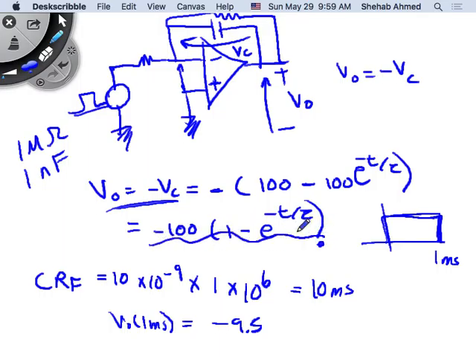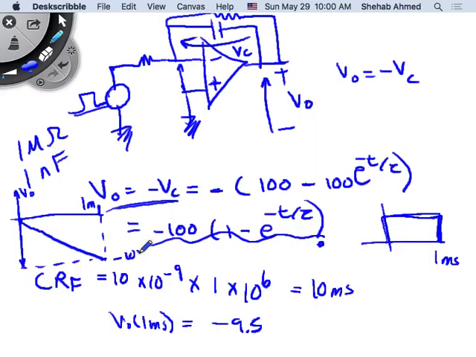The objective is to draw. Initially, we drew the output voltage without the resistor in the feedback. At 1 millisecond, we saw that the output voltage ramp moved from 0 all the way to minus 10 volts.